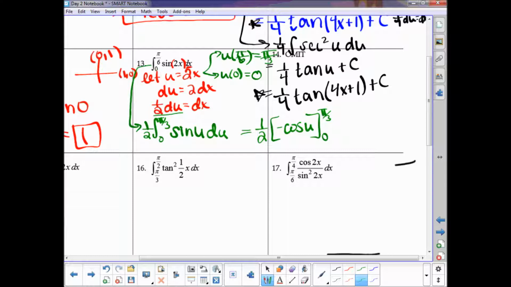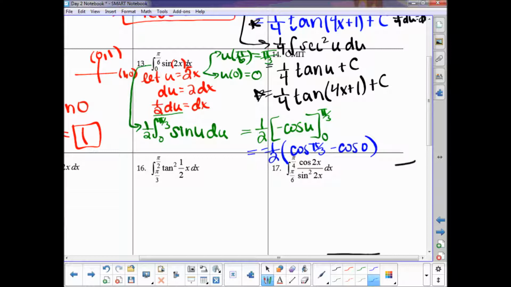Okay, and then let's evaluate. I personally would like to bring my 1/2 and the negative together, so I'm going to leave my negative 1/2 out. So I have cosine of pi over 3 minus cosine of 0. You are more than welcome to distribute that negative 1/2 in there. What I have found with trig is that it seems to be easier to leave the coefficients sitting out in front, simplify the inside, and then distribute out, but it's totally up to you.